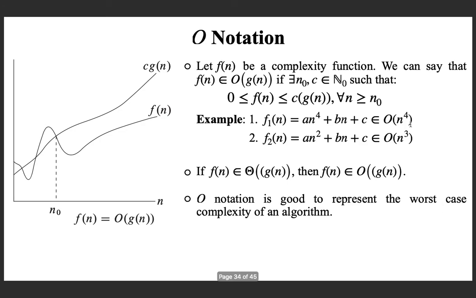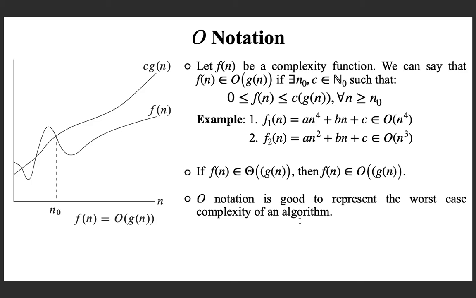And this notation is good to represent the worst case time complexity of an algorithm. From the last lecture, you know what a best case analysis gives you and what a worst case analysis gives you.